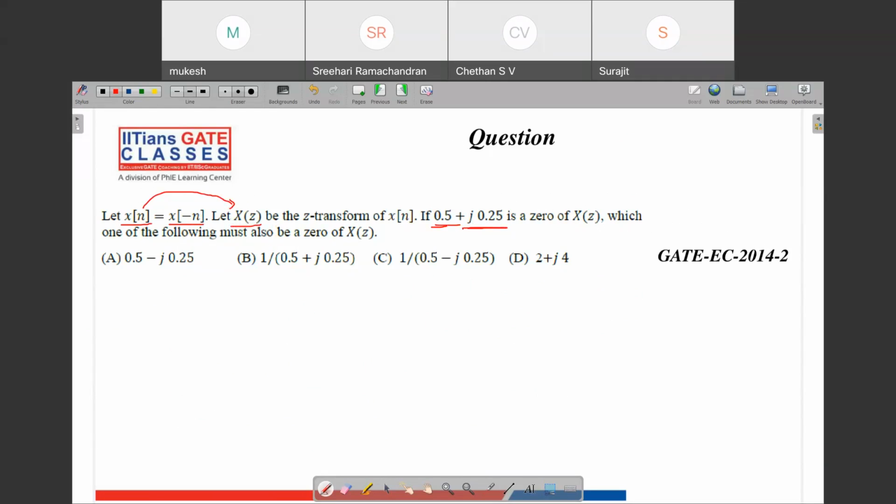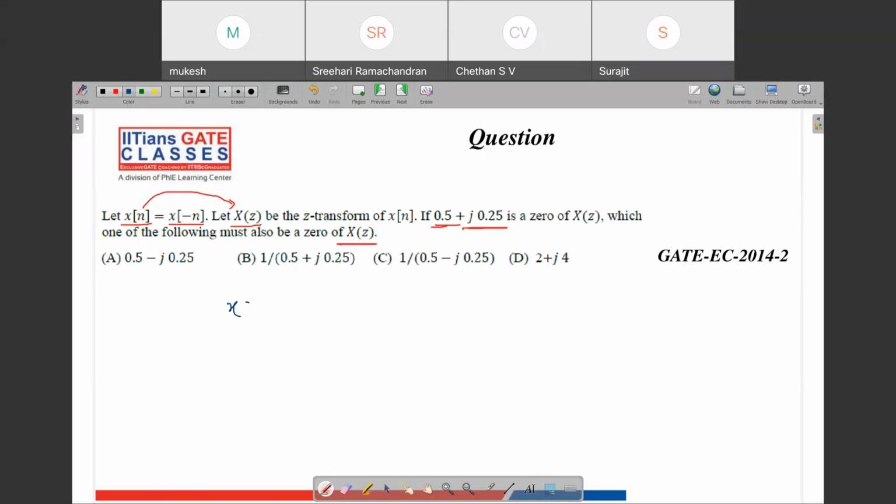Which of the following must also be a zero of X of z? By looking at the question, it's very difficult to gauge, so you have to use the time reversal property here.